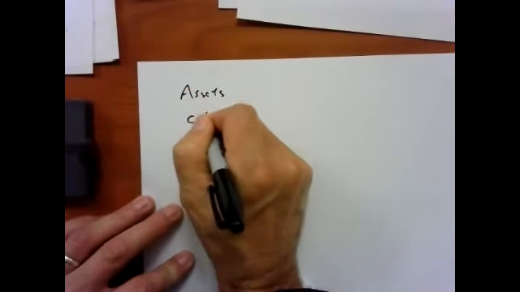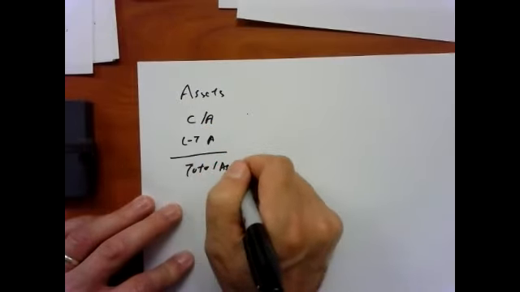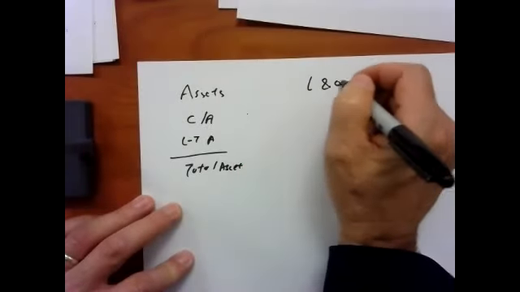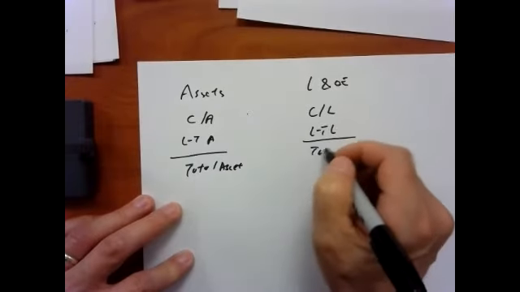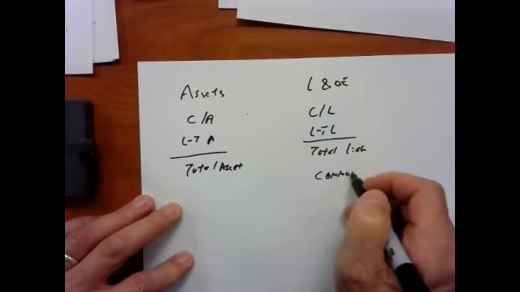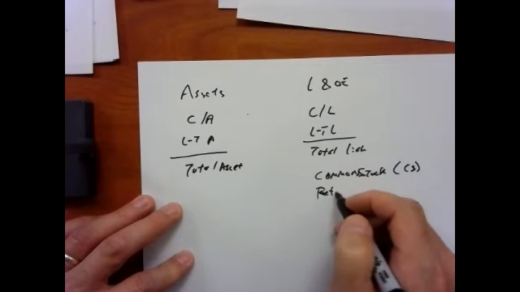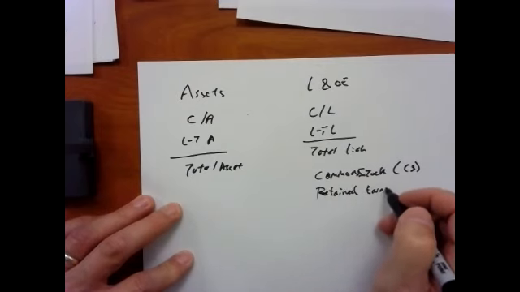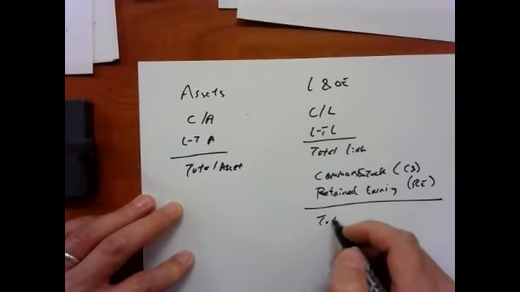So a for-profit would have assets: current assets, long-term assets, total assets. Then liabilities and owner's equity: current liabilities, long-term liabilities, total liabilities, common stock, which I'll abbreviate CS, retained earnings, RE, for total equity.